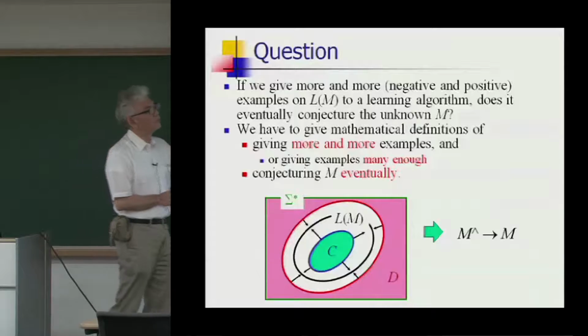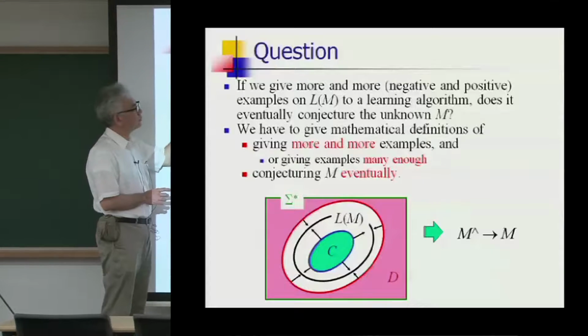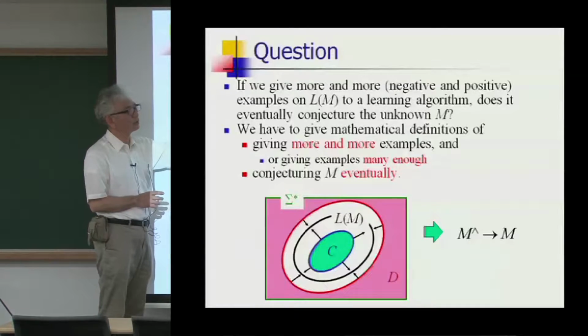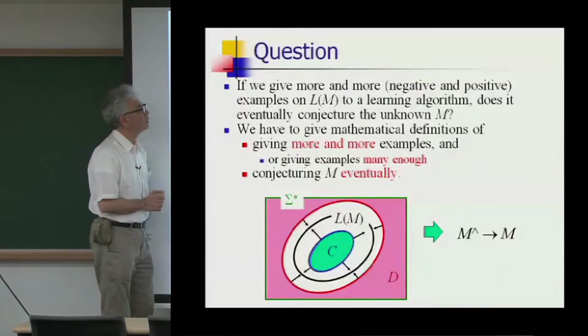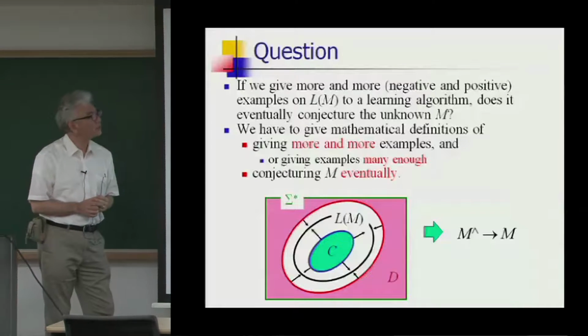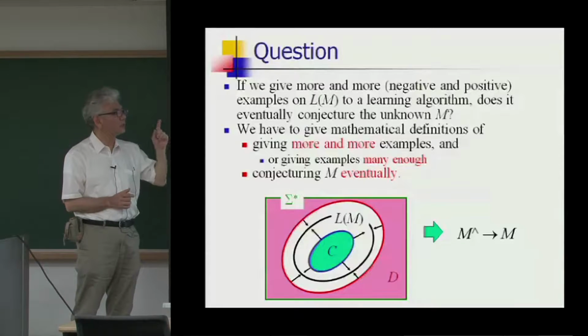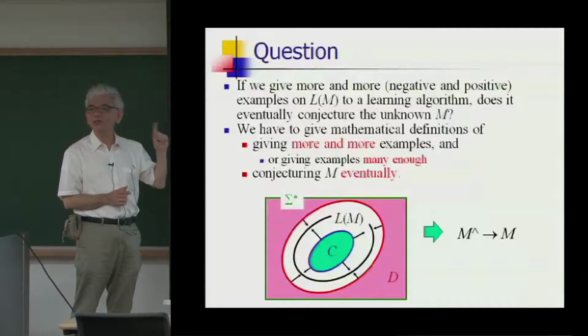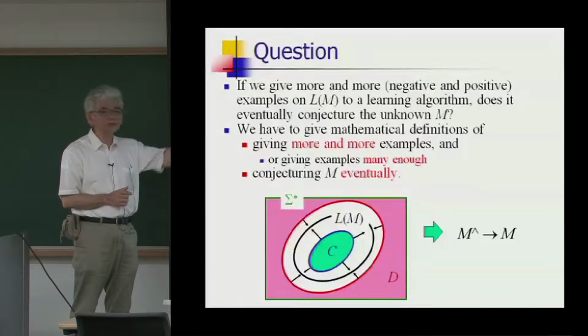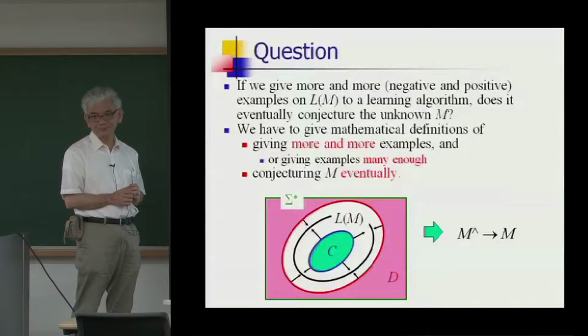If we give more and more examples on M to a learning algorithm, does it eventually conjecture the unknown automaton M correctly? This is not the problem of optimization, but rather the evaluation of learning activity.